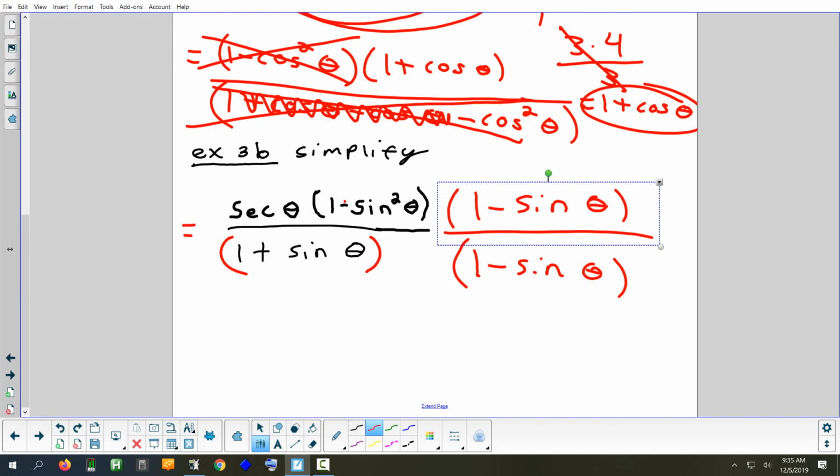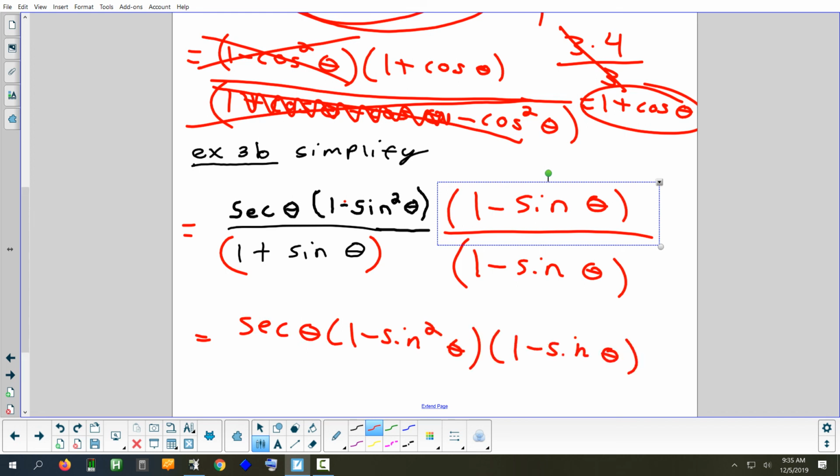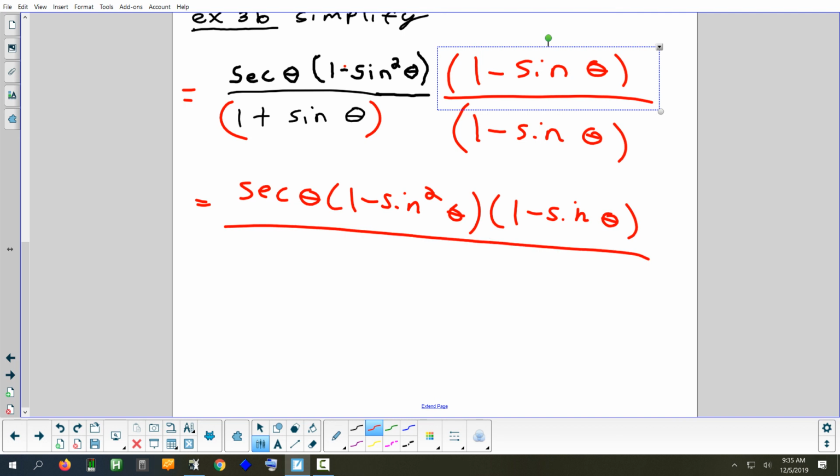So the top, we're going to keep exactly the same. Secant, 1 minus sine squared, 1 minus sine. Now let's do the bottom. Okay, so FOIL out the 2 in the bottom. What's 1 times 1? 1. 1 times negative sine?